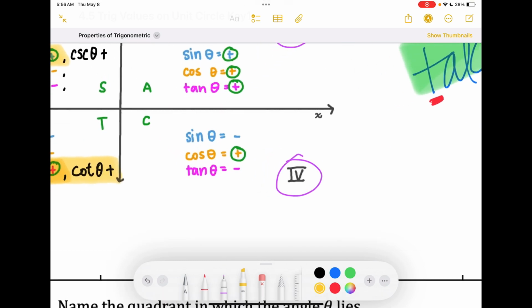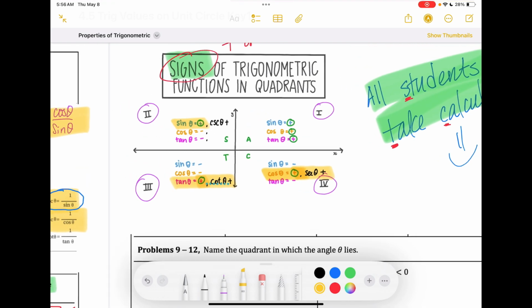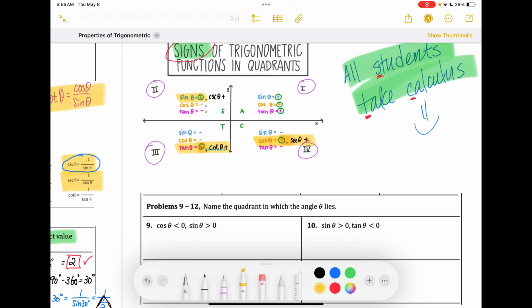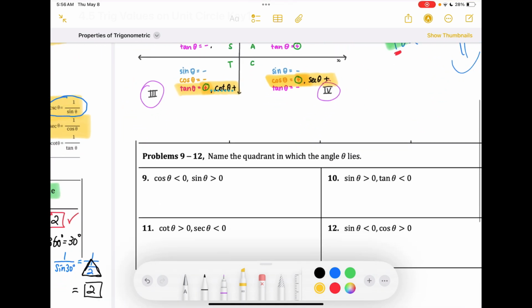The C stands for cosine. So in quadrant 4, only cosine will be positive. Now, don't forget the reciprocal, secant. You are correct, secant is also positive. So therefore, it is what we say: All Students Take Calculus, okay?